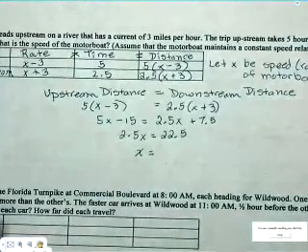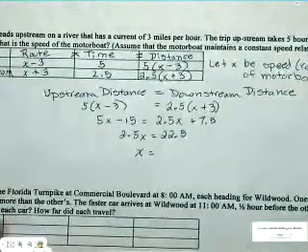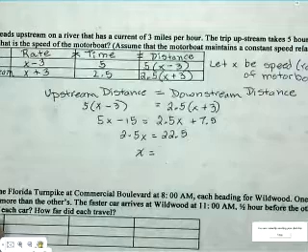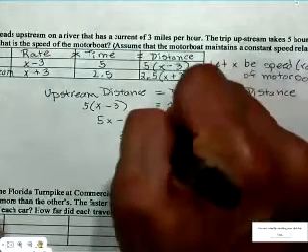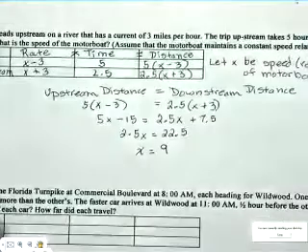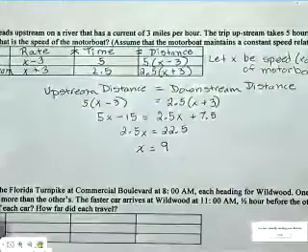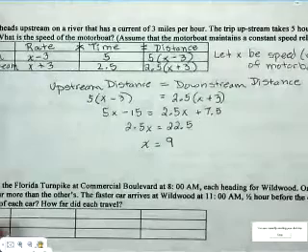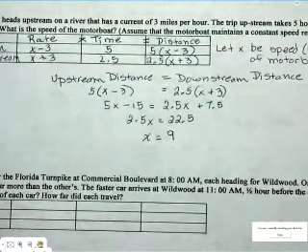Nope, what? 9? 9 times 2.5? Yep, that sounds better. Is that dollars? Is that pounds of caramels? What is that? Miles per hour of the boat.